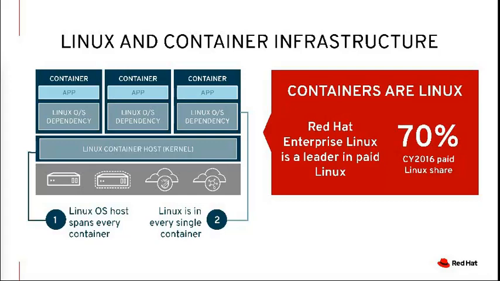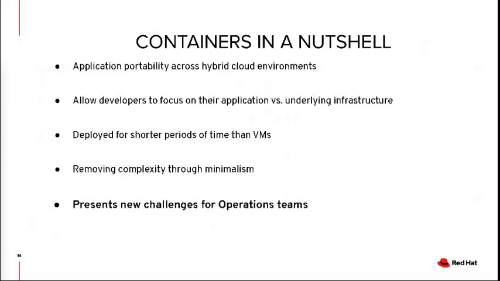So take a look at this slide here. When you look at containers, and I'm not sure if you've been to an event that Red Hat has been at, but containers are Linux, right? The underlying OS within the container, the dependencies that it requires, are running on Linux, right?